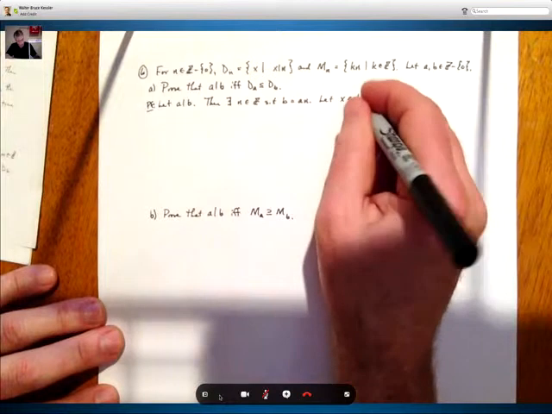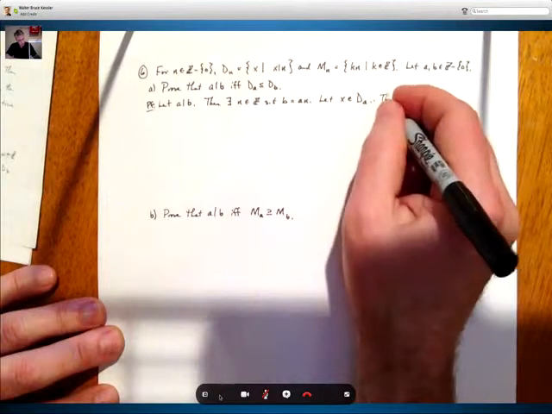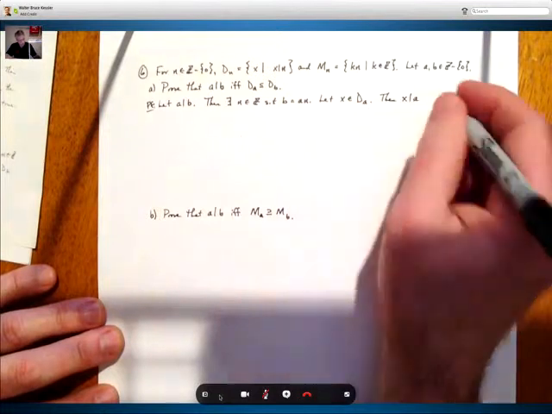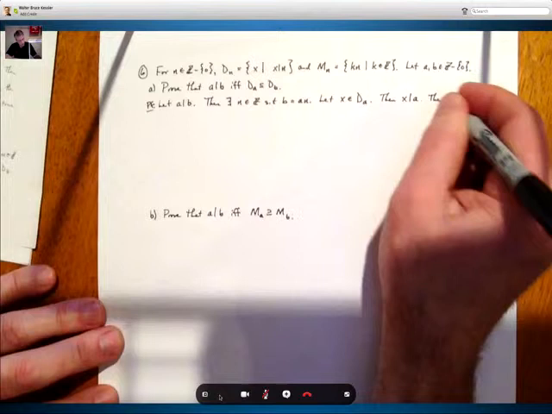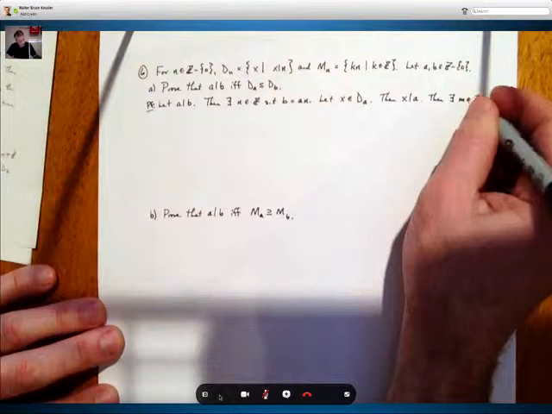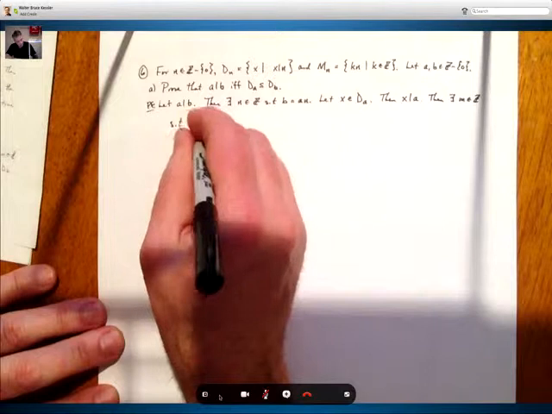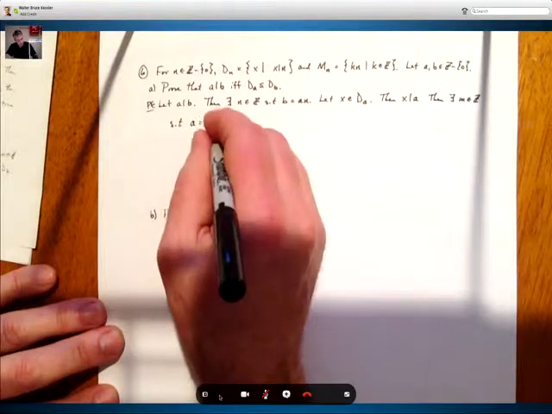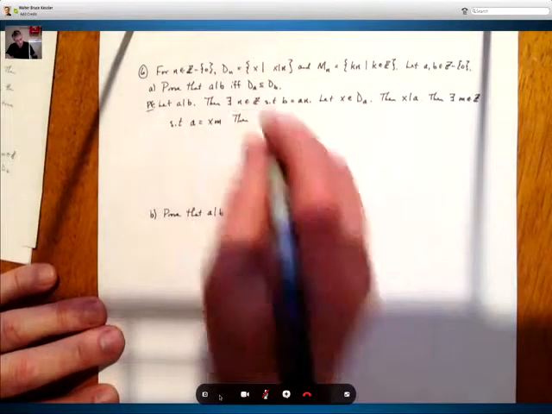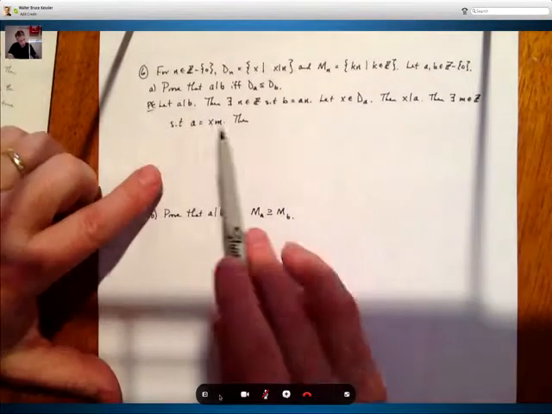Let X be an element of D sub A. And that means that X is a divisor of A, X divides A. Then there exists, and I've got to have something besides N, how about M, such that A is X times M. Okay. Now, what I want to show is that X has to be a divisor of B as well.